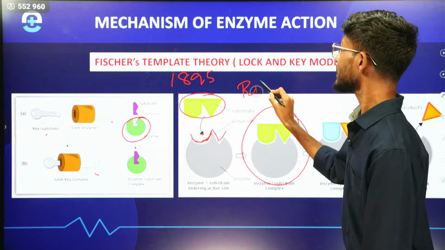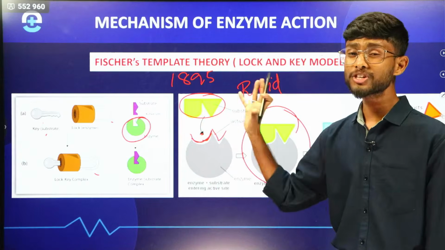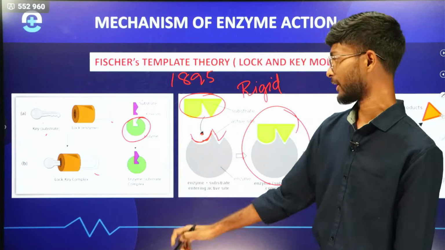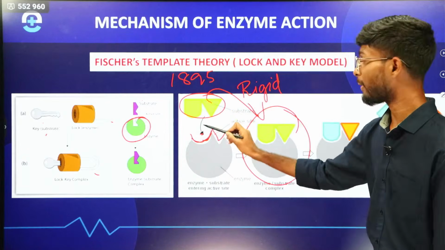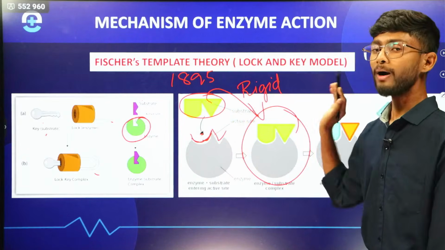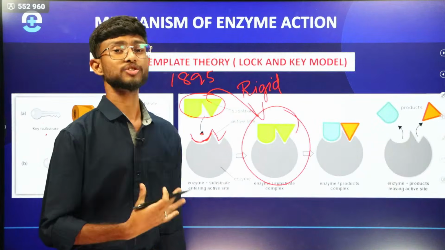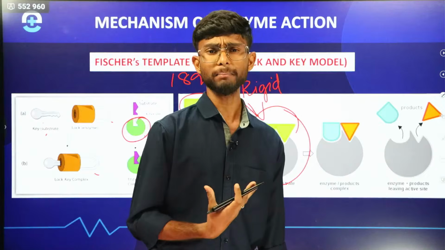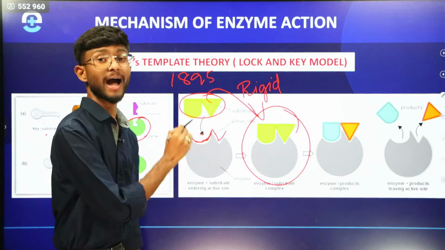The active site shape will be rigid in nature. You cannot alter it, and the substrate binds to the active site and forms an enzyme substrate complex. This theory is not acceptable. Why? Because it depends on the shape of the active site.